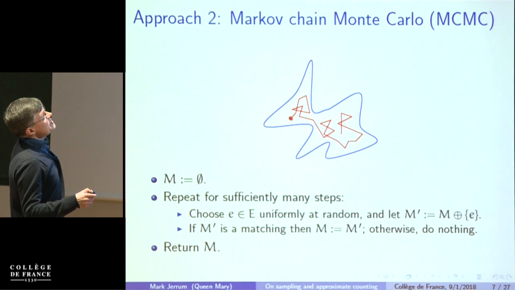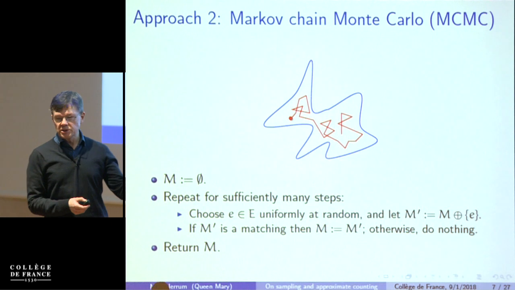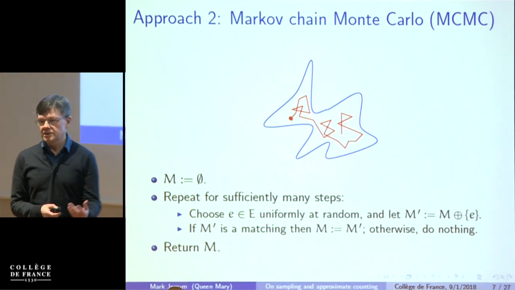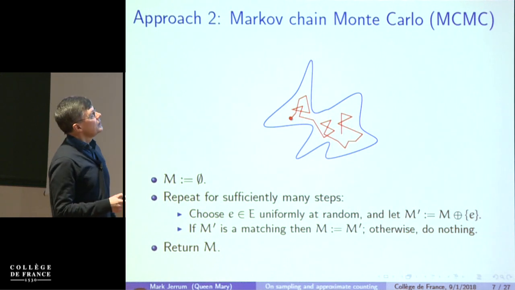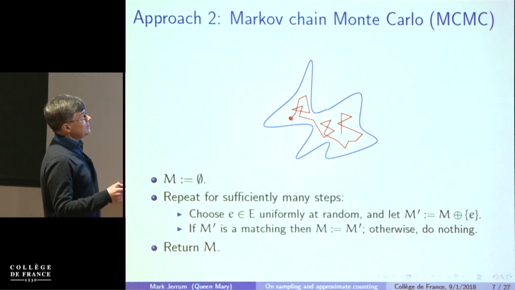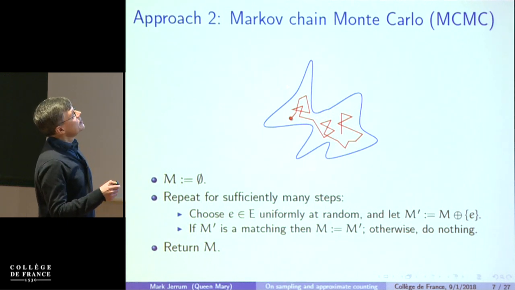On the other hand, we can easily find something in here. For example, we could start with no edges at all. That's certainly a valid matching. If you have no edges in it, it's certainly not going to have any collisions. So there's no problem finding something in here. The problem is finding a uniform sample from here. So how do we do that?